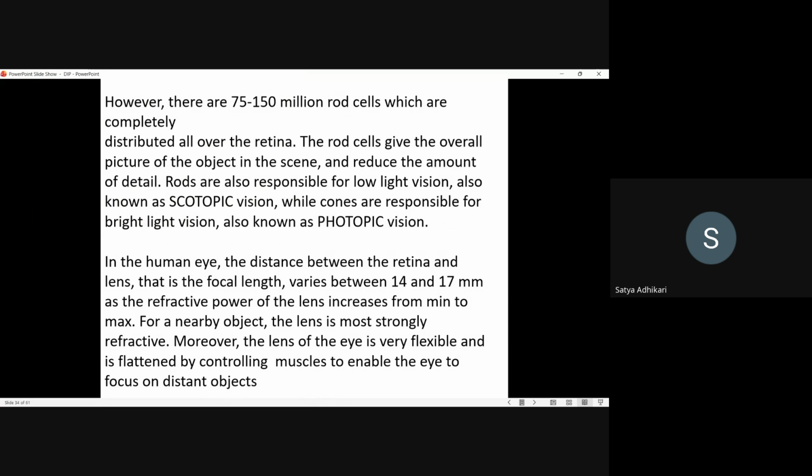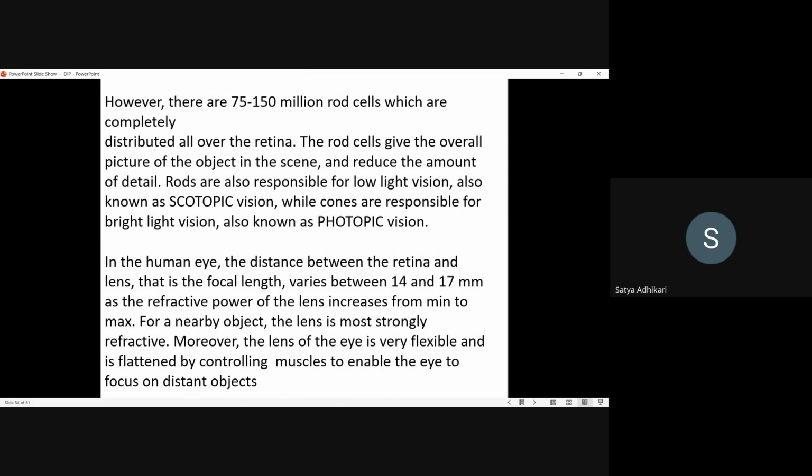While cones are responsible for bright light vision, also known as photopic vision. So you see the functions of cones and rods are different. The rods are responsible for low light vision, whereas the cones are responsible for bright light vision.